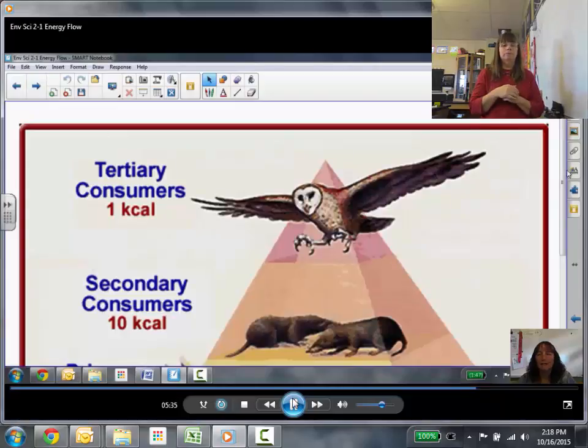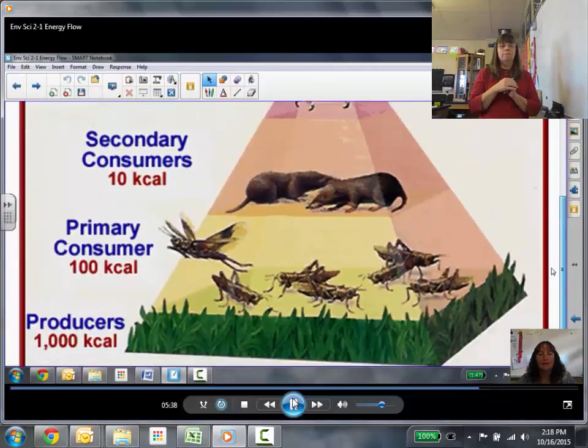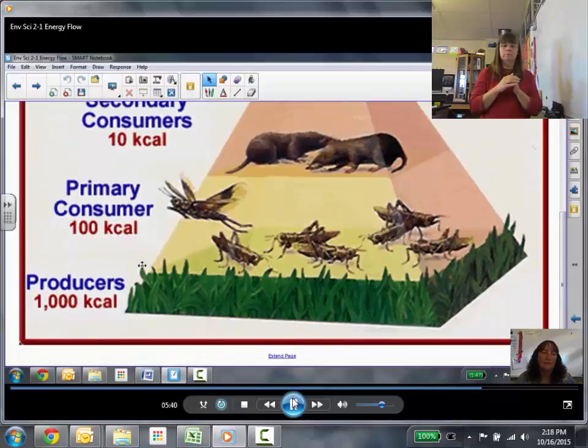All right, so here's an example of an energy pyramid. They actually put numbers on here so you can see how 10% moved up. We start with the producers that have 1,000 kilocalories, and that's just a measurement of energy. When the grasshopper eats the grass, they only get 100 kilocalories of the energy that the grass had to begin with.